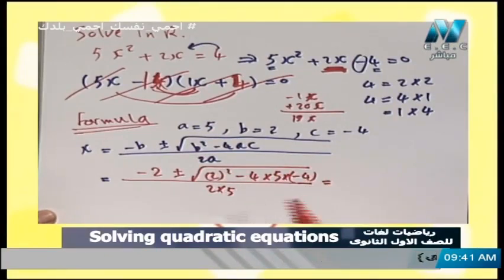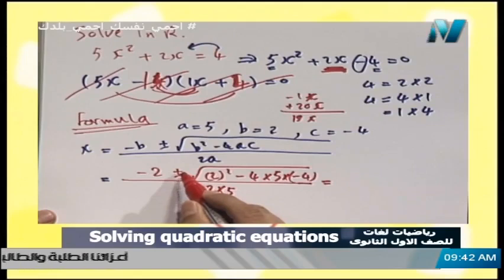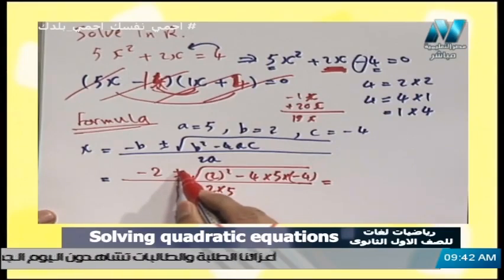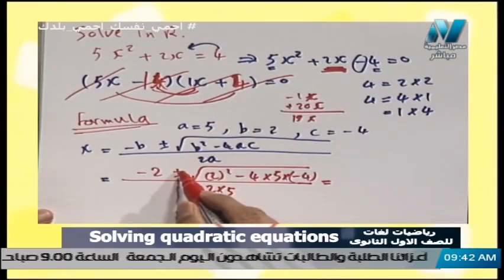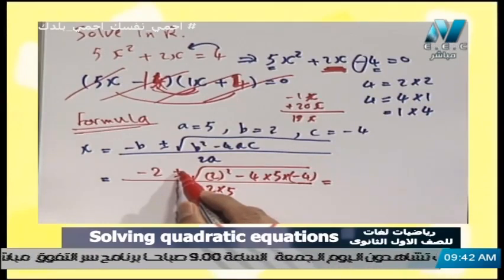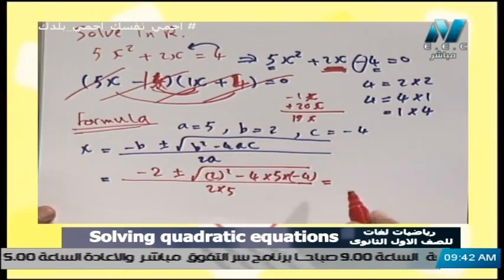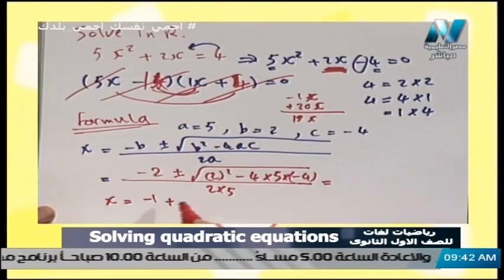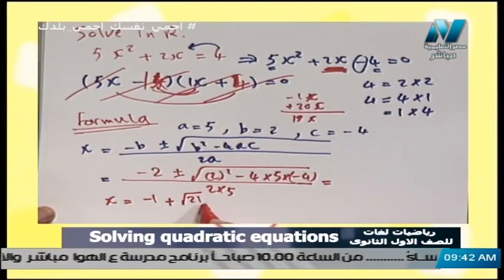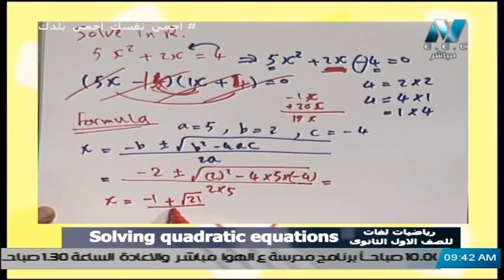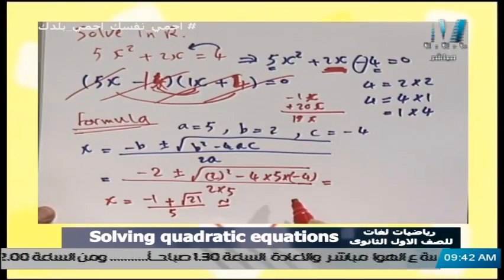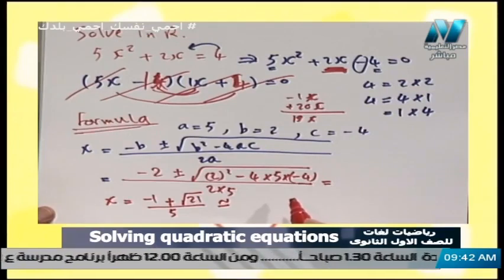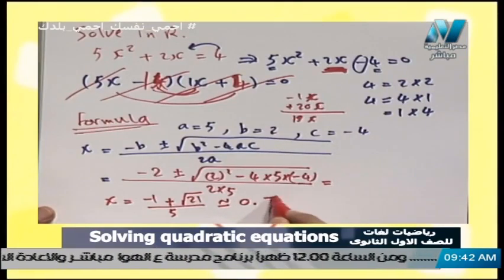And first use your calculator and put plus. When you put plus here, you will find the solution will be negative 1 plus square root 21 over 5, which is approximately to the nearest 2 decimals 0.72.